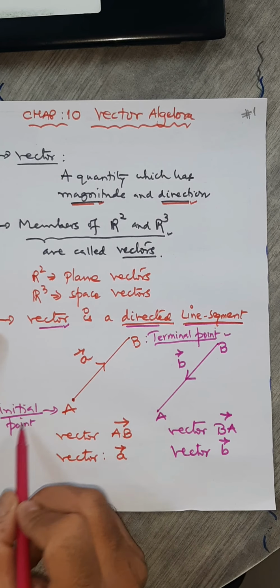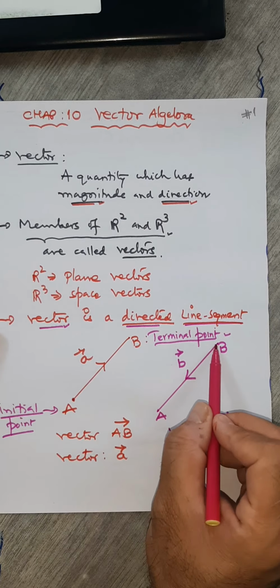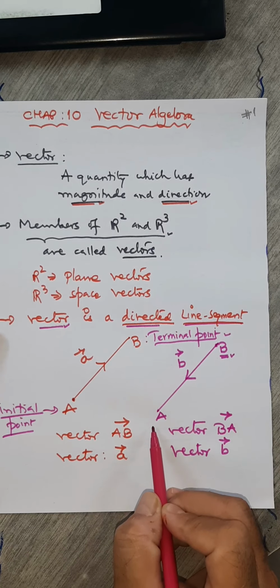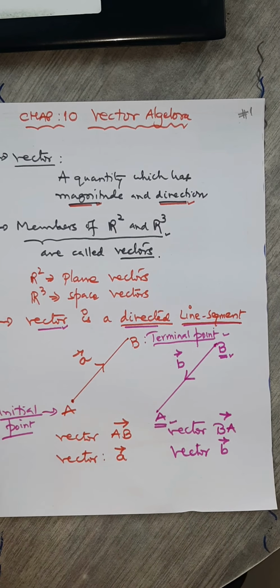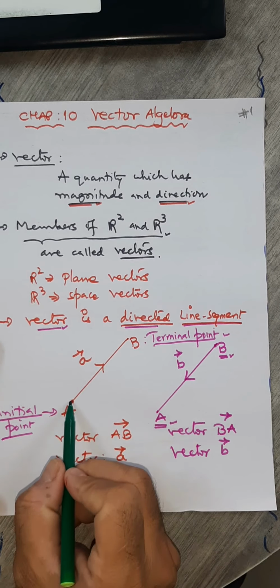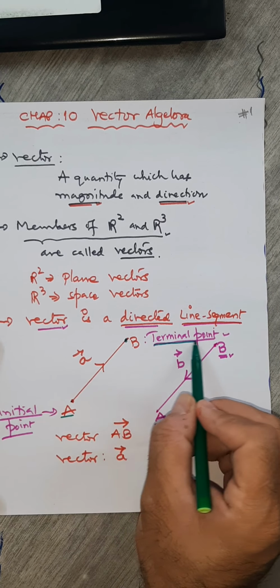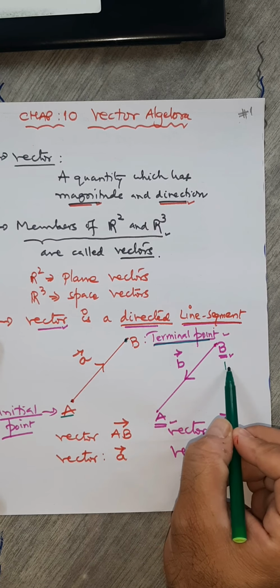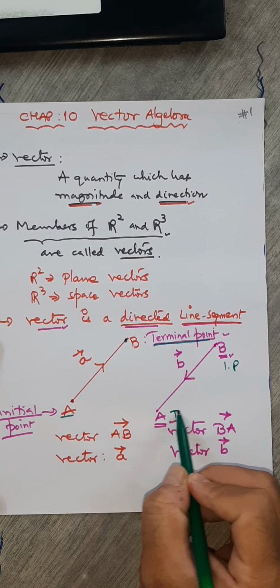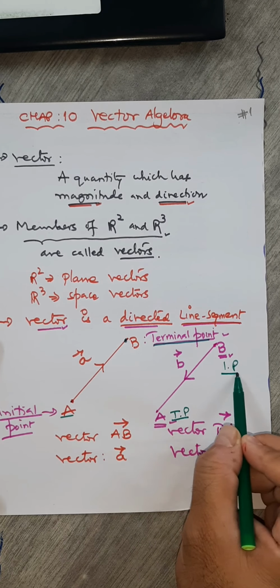The word itself says it: initial point means from where the vector starts, and the vector ends here, so that's the terminal point.